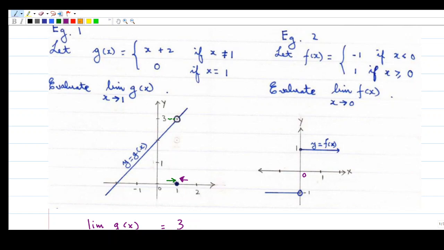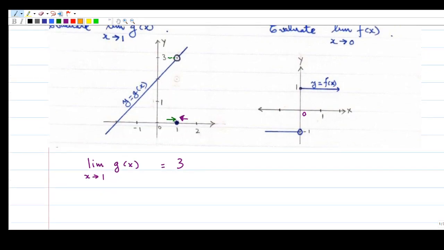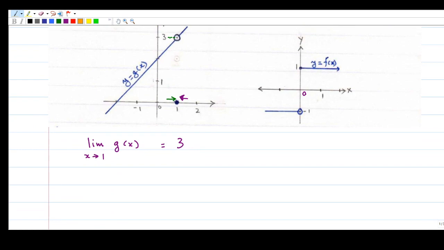Now, let's see what happens over here. As we approach 0 from the left, your f of x, the output, approaches negative 1.